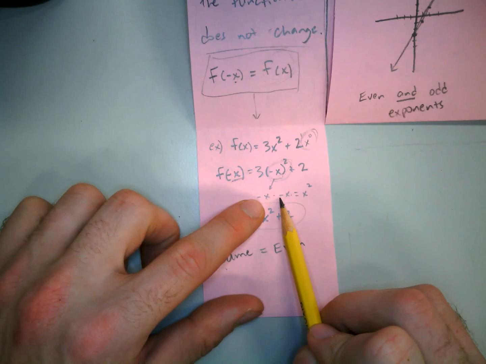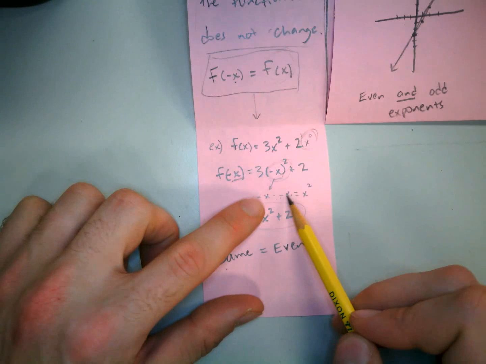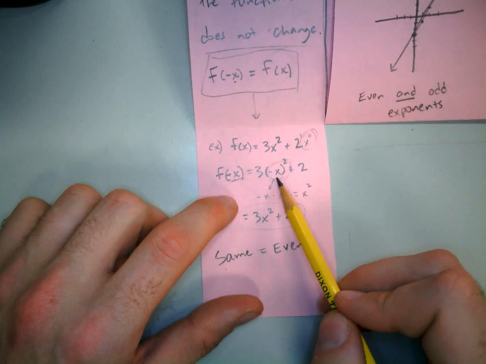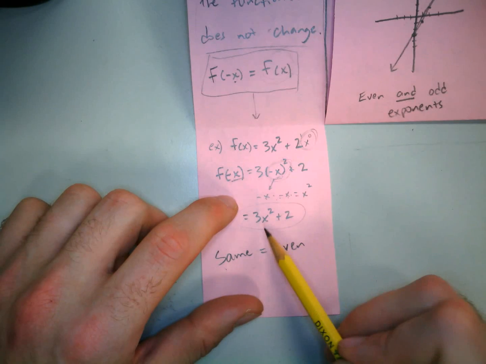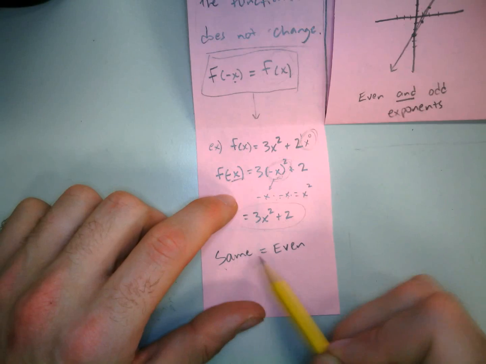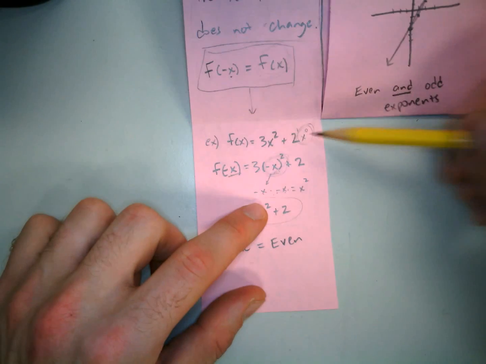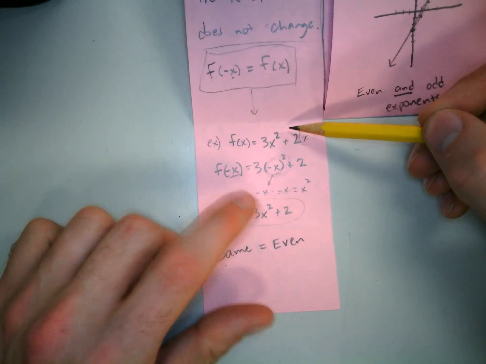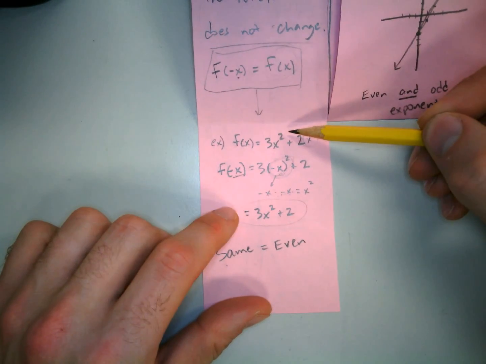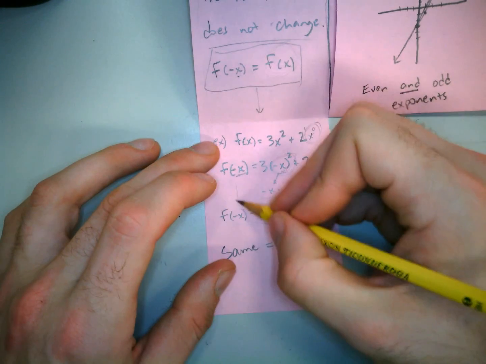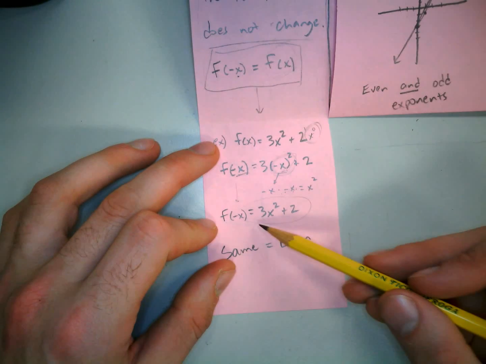Negative times a negative is just positive, and x times x is still x squared, so negative x squared is the same thing as x squared. It'll become positive. The function is the same. Look, what we started with right here is the same as what we ended with down here when we plugged in our negative x. Same, even.